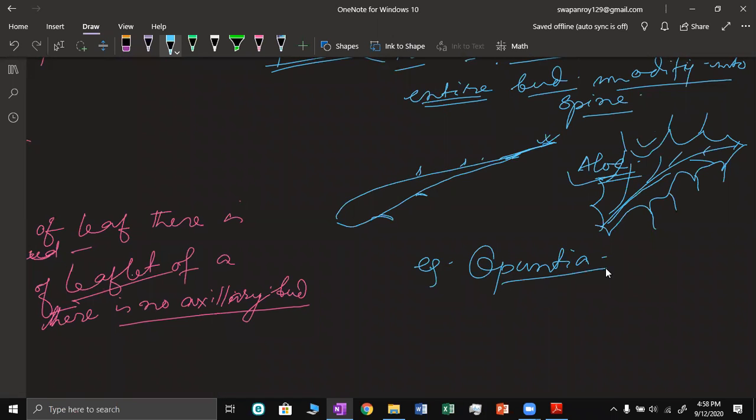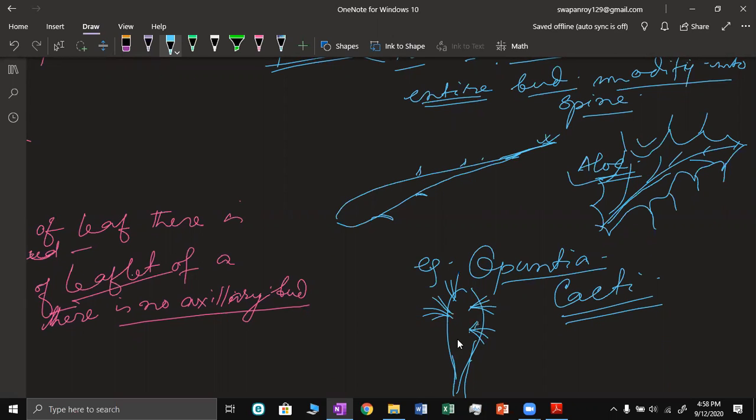This is a very common example that you can give in case of opuntia and other cacti. In cacti, you see that on the phylloclade surface there is a bunch of spines. Actually, this bunch of spines is the modification of the entire bud.